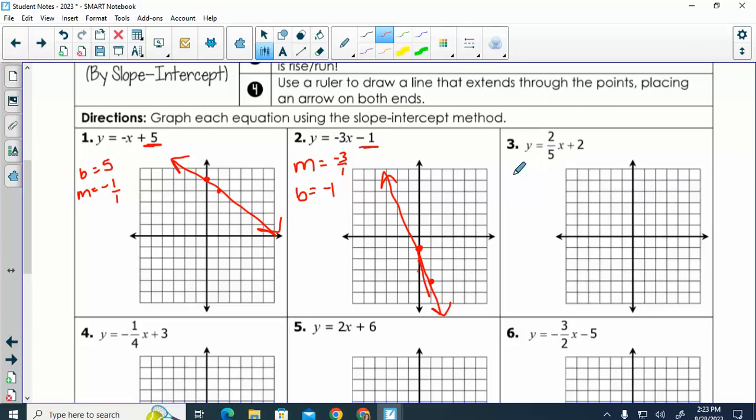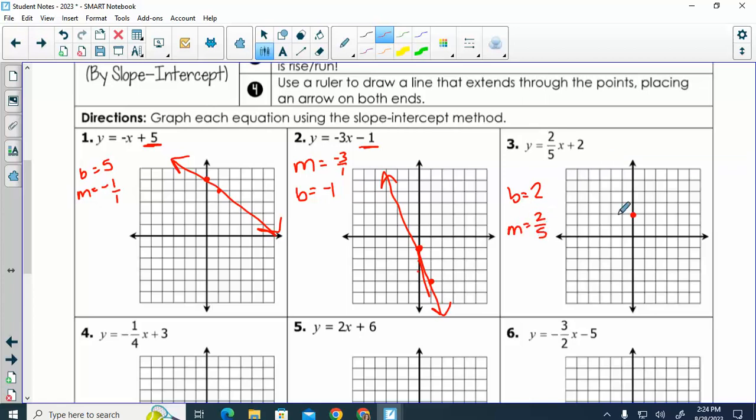All right, number 3. What is the y-intercept? 2. So we hit the y-axis, the vertical axis, at positive 2. What is my slope? 2 over 5.